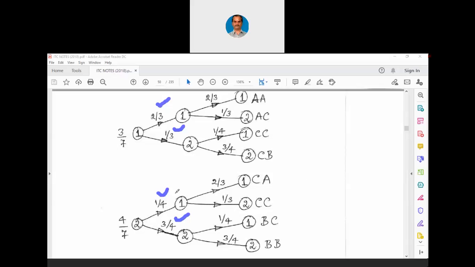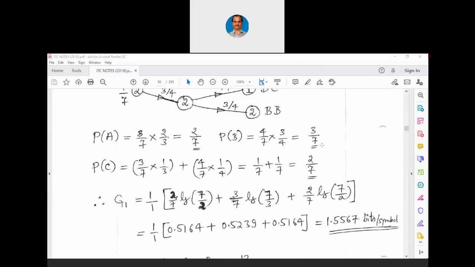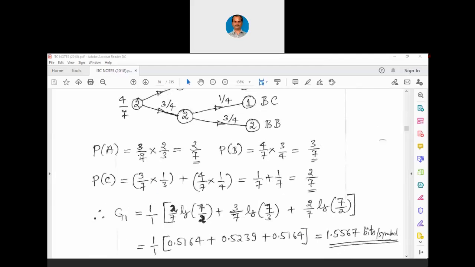So that is how for C we have two occurrences. That is how we calculate P of C now. P of A is straightforward, P of B is straightforward. State probability into symbol probability. Whereas P of C is having state probability into symbol probability plus another occurrence. We get 2 by 7.